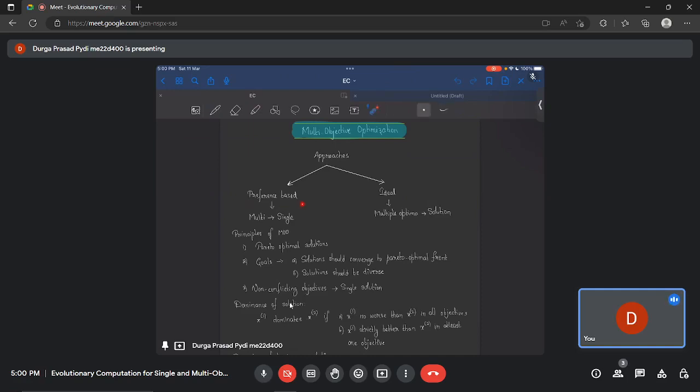One being the preference-based method, where the primary idea is to convert your multi-objective optimization problem into a single objective optimization problem. This is essentially done using some high-level information, where you define a new function.